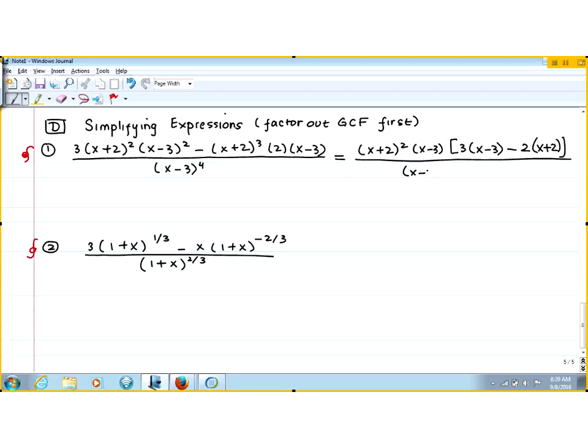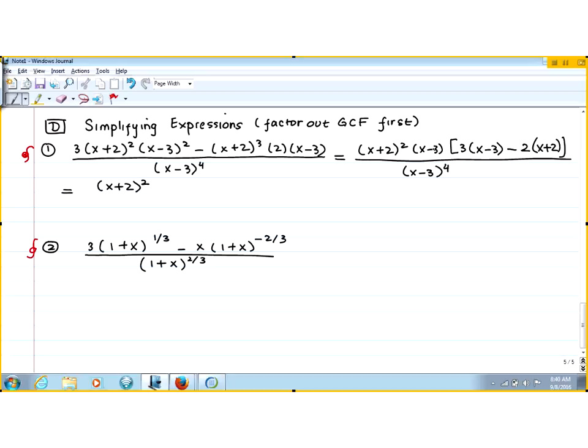Everything divided by (x minus 3) to the 4th. Okay, so now let's simplify the inside here.